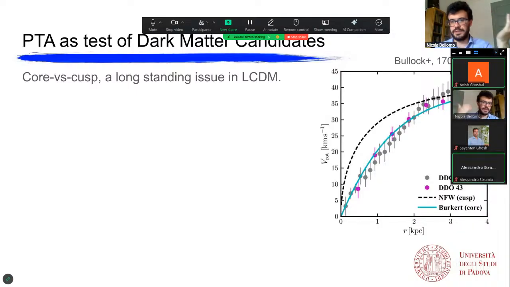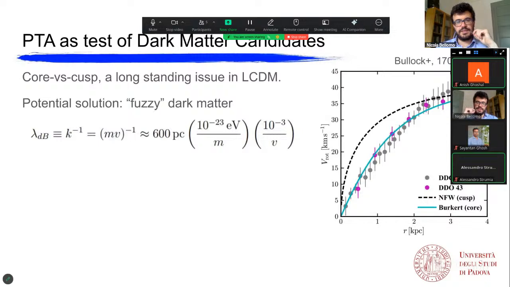Now, the resolution of this discrepancy between our theory and observation might be multiple. However, it turns out that introducing axions, or ultralight axion-like particles, with masses of around 10 to the minus 23 electron volts helps in solving this problem.